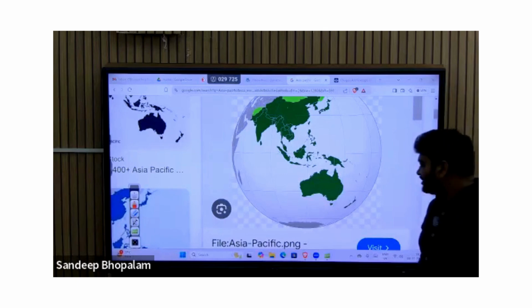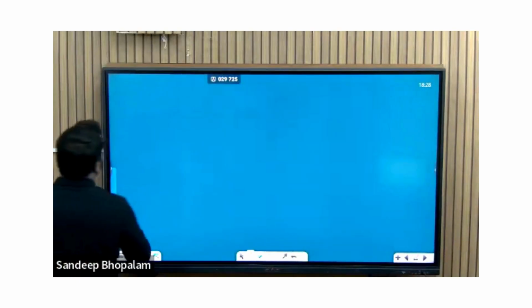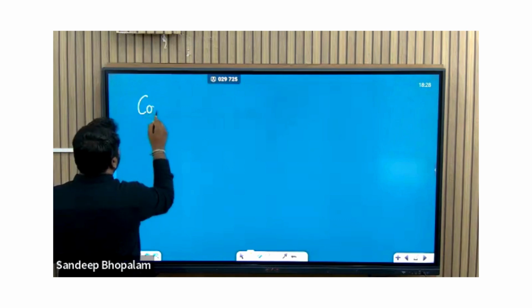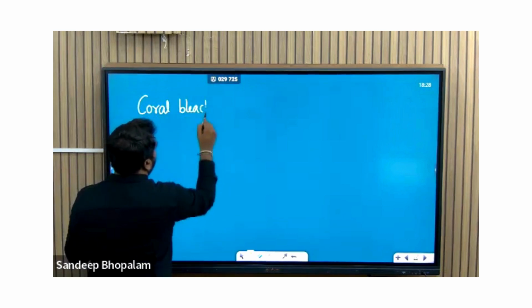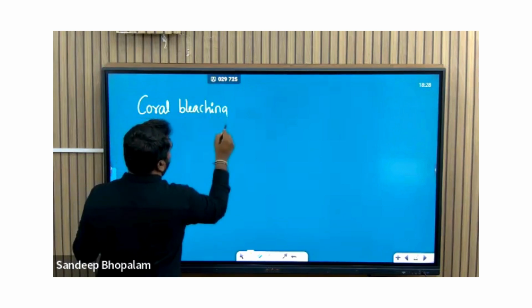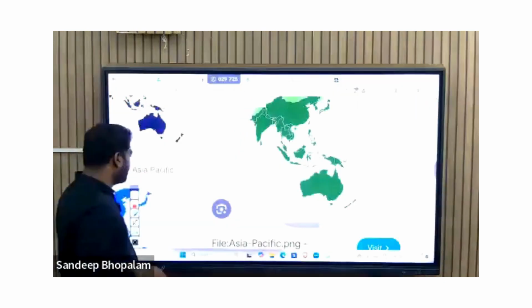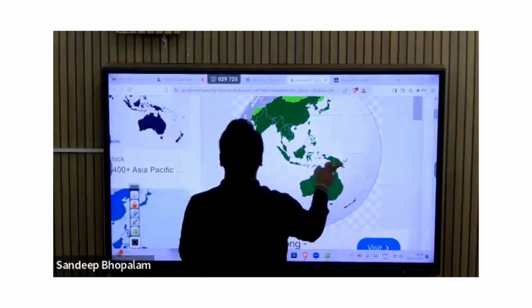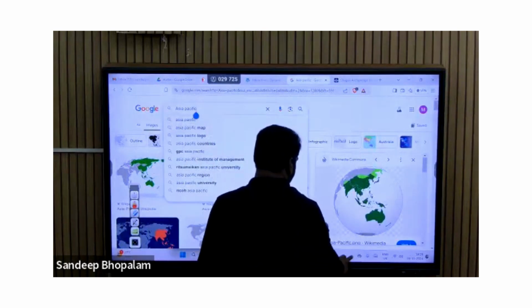Yeah. So guys, another important issue is about coral bleaching. Fine. In Lakshadweep, we are actually having coral bleaching issues.